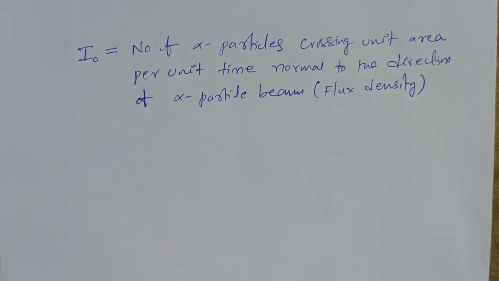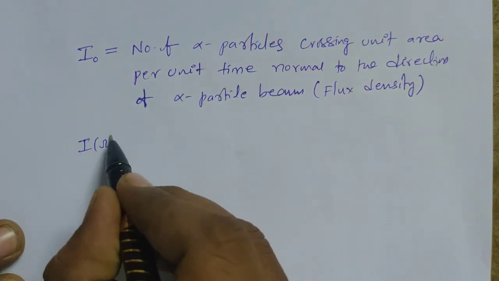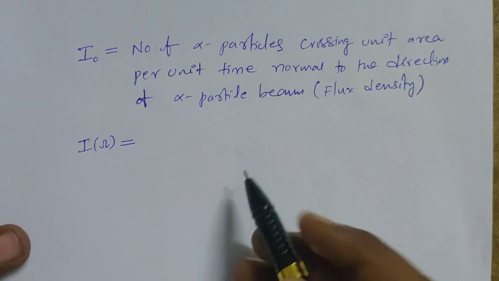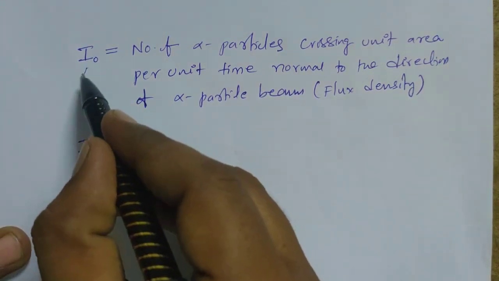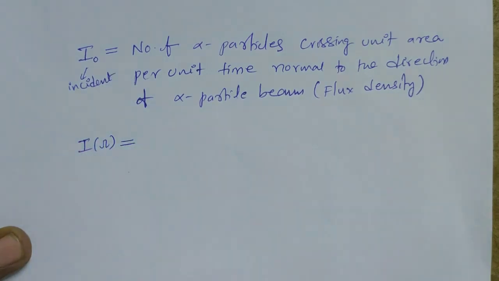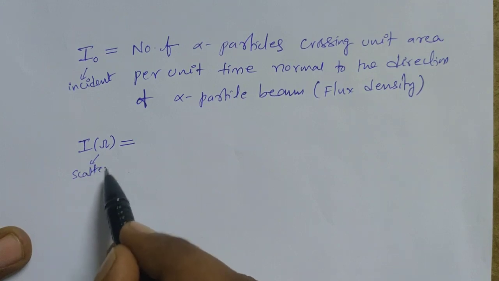So let us define another quantity, I as a function of solid angle. It is somewhat like intensity only, but I naught relates to the particles incident on the nucleus, while this relates to the scattered particles.